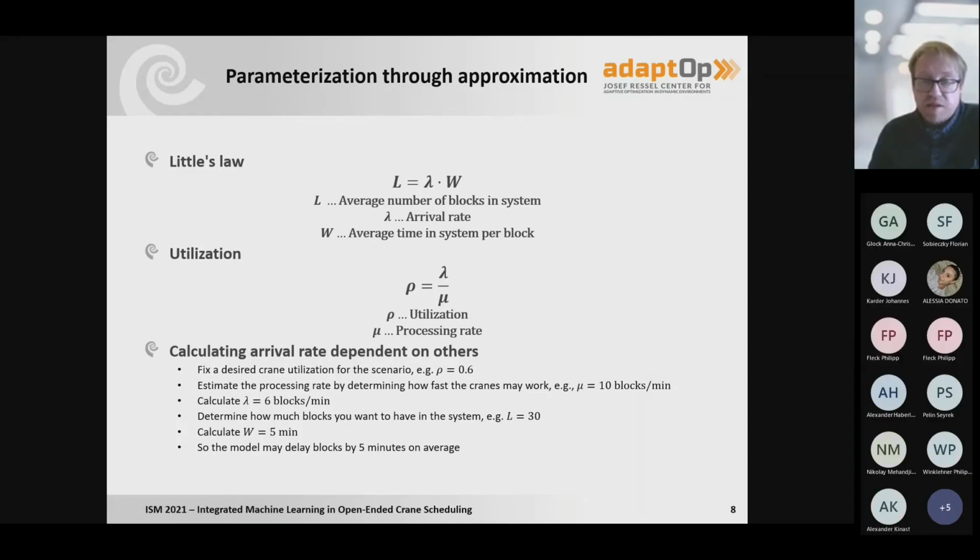Then we determine what could be the processing rate of this crane by taking into account how fast it can move, can relocate the blocks, and determine how many blocks, for instance, could be relocated, let's say 10 blocks at a time. From these equations, we calculate the arrival rate that would lead to this kind of utilization. And then also we determine on a second level, what is the number of blocks I want to have in the system, because the crane is having a much harder time with many more blocks.